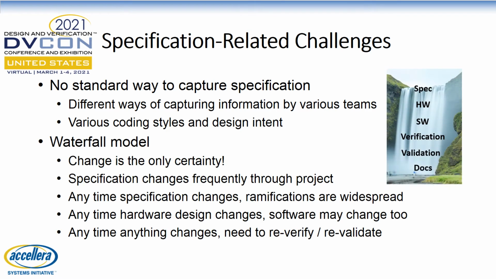That's not just a problem at the start of the project, that's a problem throughout the project because specifications change many times over the course of the project. There may be implementation issues discovered that have effects that require specification changes. There may be new competitor offerings with new features that you'll want to add to your specification and to your chip. Many reasons why specifications change, and every time they do change, you get this waterfall effect where, well, maybe the hardware has to change.